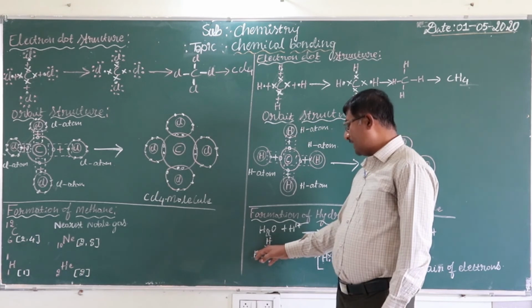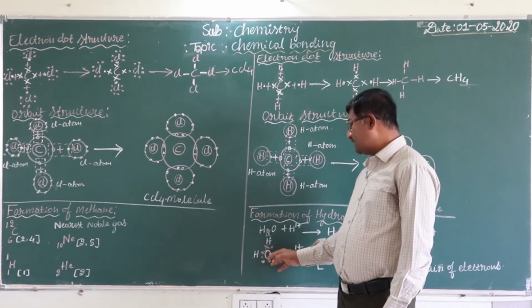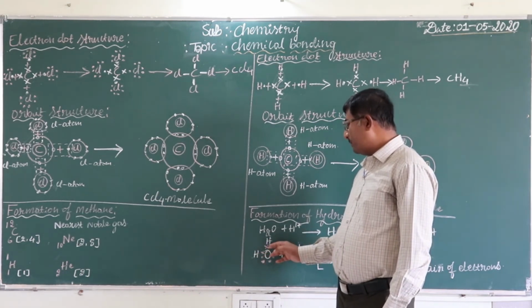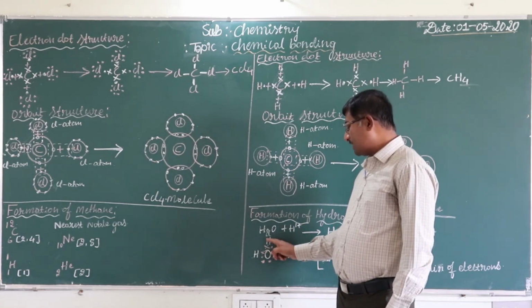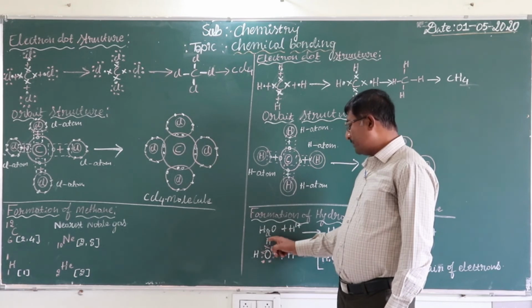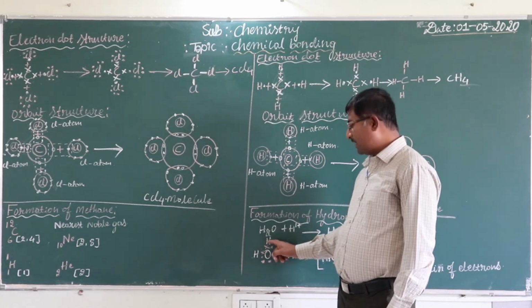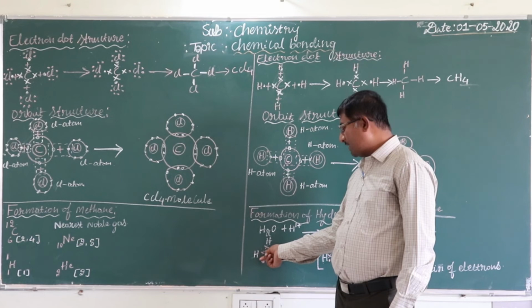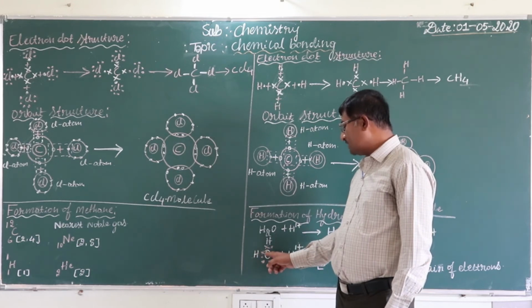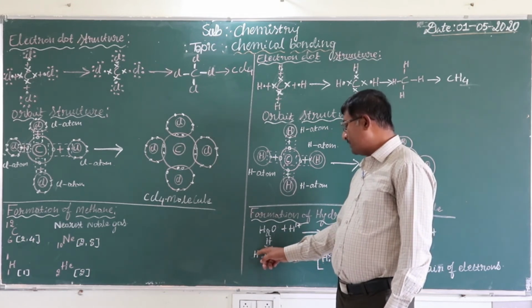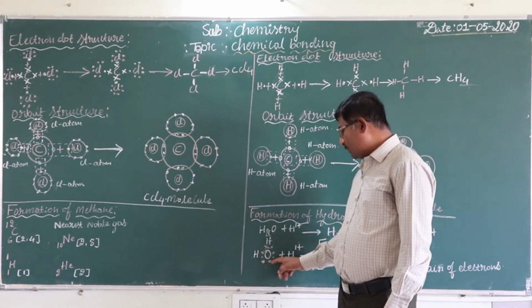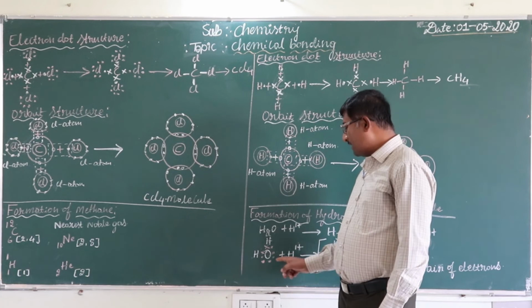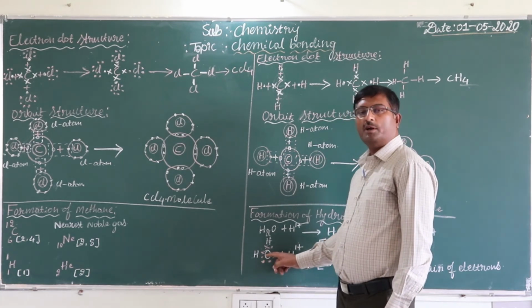Two hydrogen atoms are attached to the oxygen atom by sharing a pair of electrons. This pair of electrons is shared between hydrogen and oxygen, and bond formation has taken place. Here also one pair of electrons is shared between hydrogen and oxygen, and covalent bond formation has taken place. Here 2 pairs of electrons are there that are not involved in covalent bond formation.